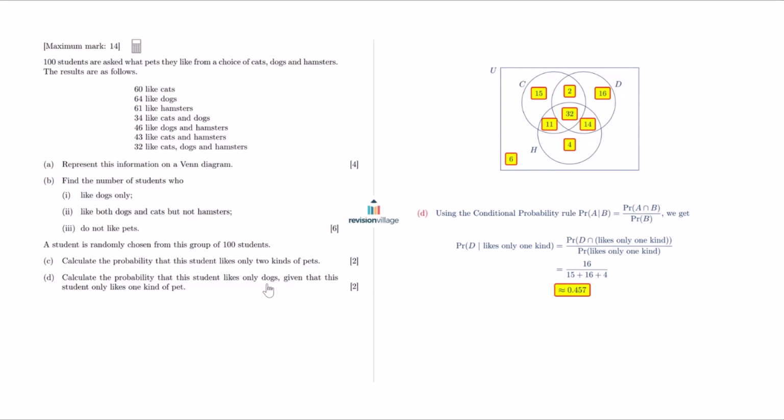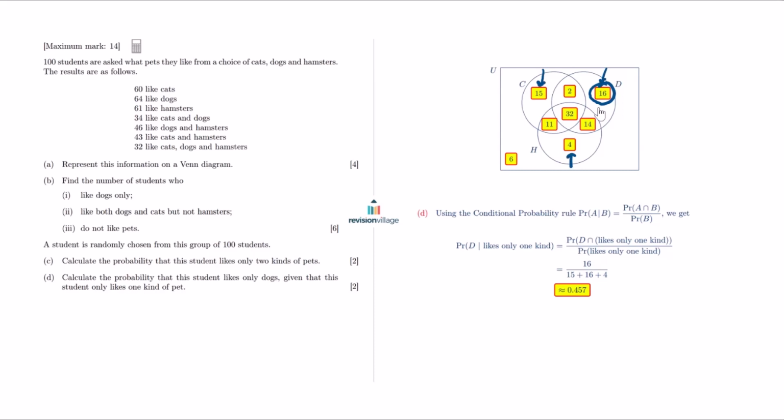Okay, so calculate the probability out of this 100 that the student likes only dogs. So only dogs is this 16 students here, given that this student only likes one kind of pet. Out of the 100, I'm not going to take into consideration all 100. I'm only going to take into consideration those that like one type of pet, and they are this 16, this 15, and this 4.